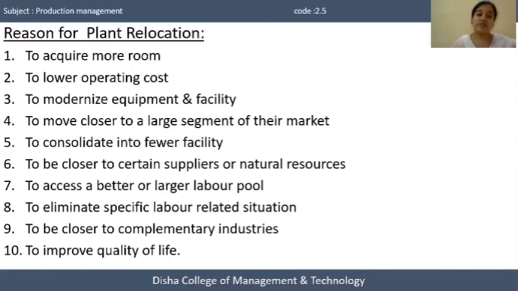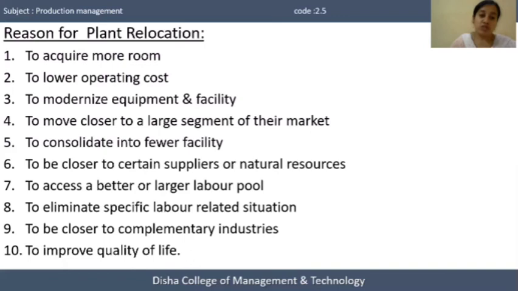Also, industrialists shift their plant from one location to another to consolidate into fewer facilities, to strengthen some facilities.